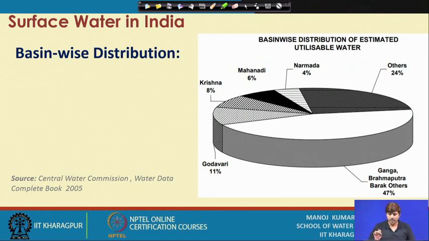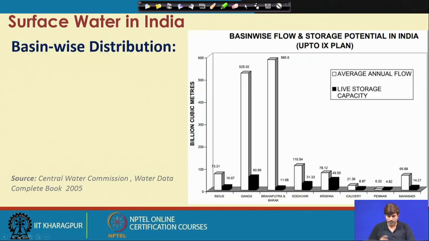The Godavari is the next major contributor at 11%. Krishna, Mahanadi, Narmada are the other major ones, while the rest in combination provide around 24% of the total water resources, utilizable water, which is to be available for human uses in different sectors, of course.